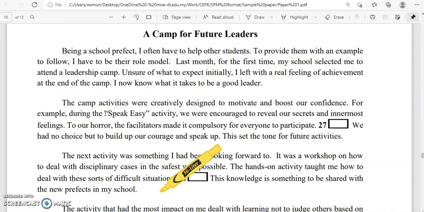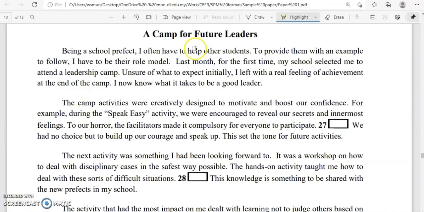So take out your highlighter or pencil. As you skim through the text, highlight or underline the main idea or some important information of each paragraph. Try not to highlight the whole sentence, but just to highlight the important keywords that tell you the main idea of each paragraph. Let me demonstrate with the first paragraph.